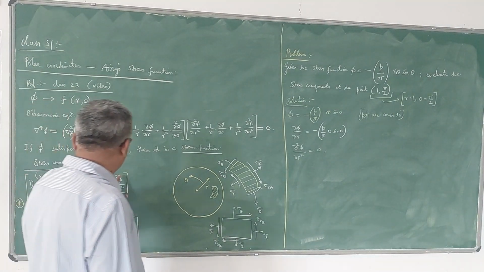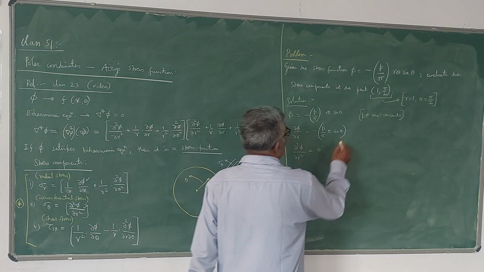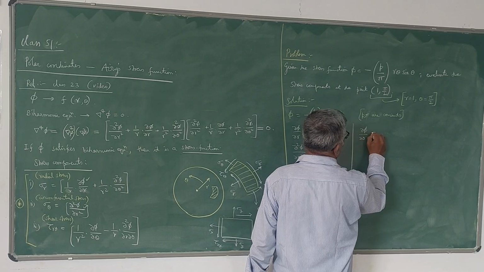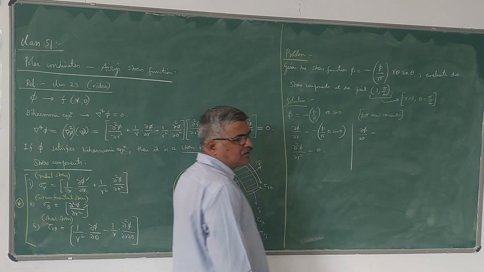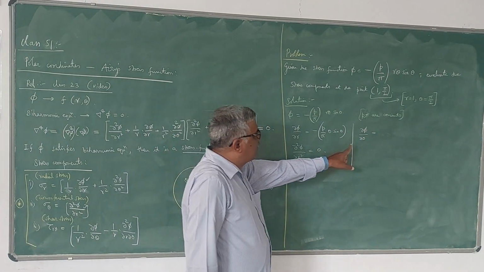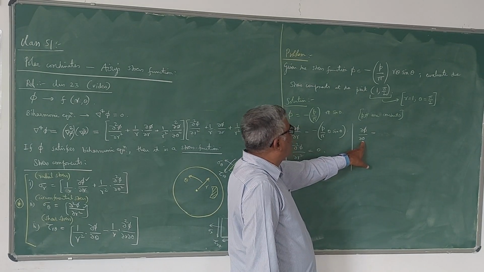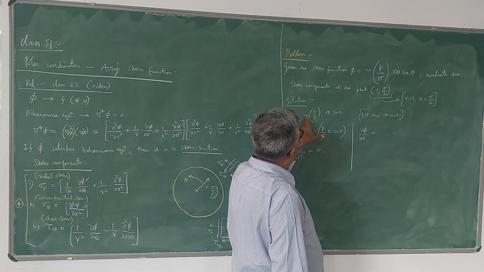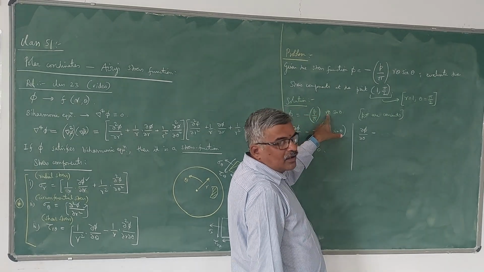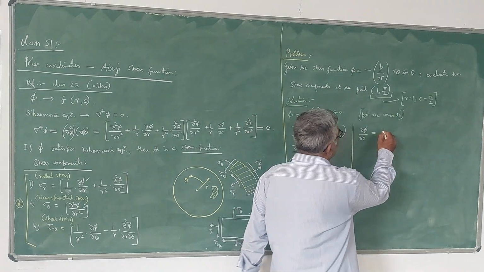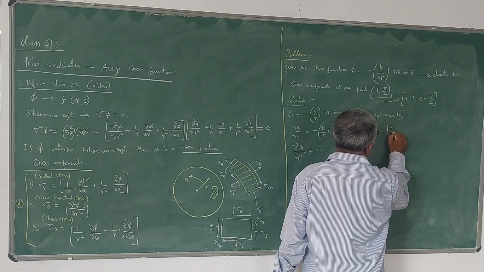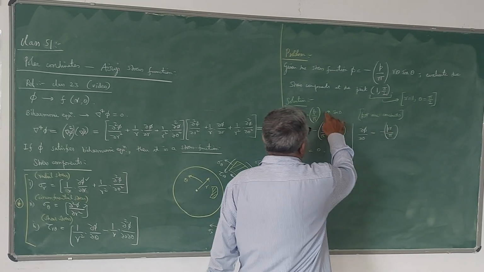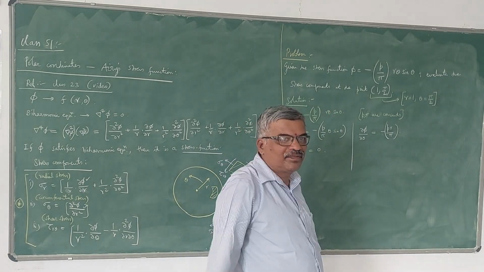Next, I want the derivative with respect to theta. So I will write here dou phi by dou theta. You should be careful here. You have to differentiate with respect to theta. When you are differentiating with respect to theta, r is constant. So you have a constant like that, minus p by pi into r. That becomes constant. So minus p r by pi is a constant. So we have to differentiate theta sin theta.